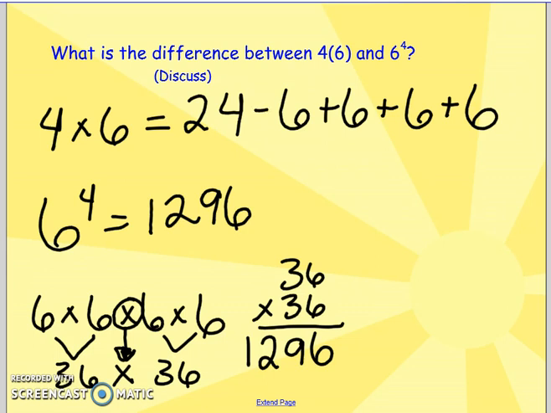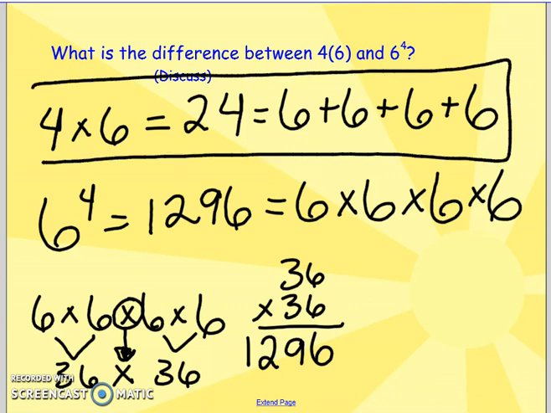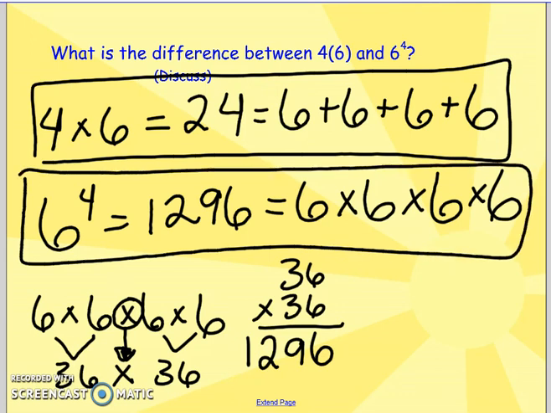And that gets you to 24, right? 6 to the 4th power is repeated multiplication. So now it's 6 times 6 times 6 times 6. Okay, those are the 2 main differences. Up top, we've got repeated addition, and down below, we've got repeated multiplication. And that's what you should have written in your journal.